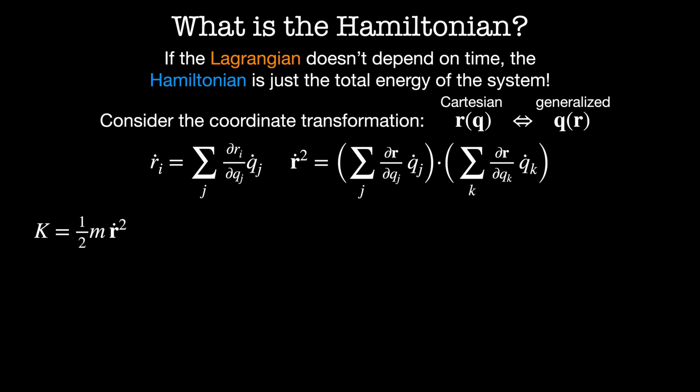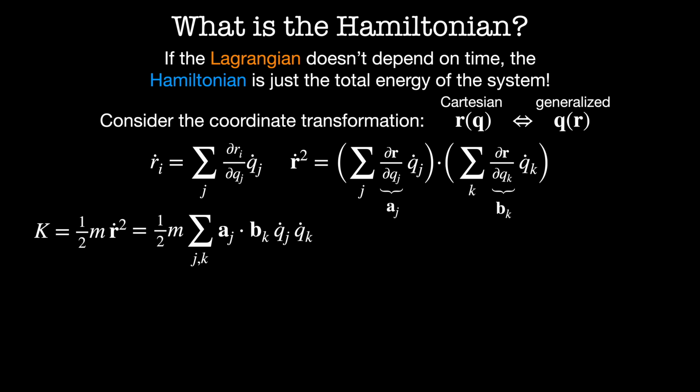To make this easier to write, I'm going to call this term aj and this term bk. Then my kinetic energy in terms of my new coordinates is 1/2 m times the sum on j and k of aj dot bk times qj dot times qk dot. Our goal is to write down the Hamiltonian in terms of these new coordinates.